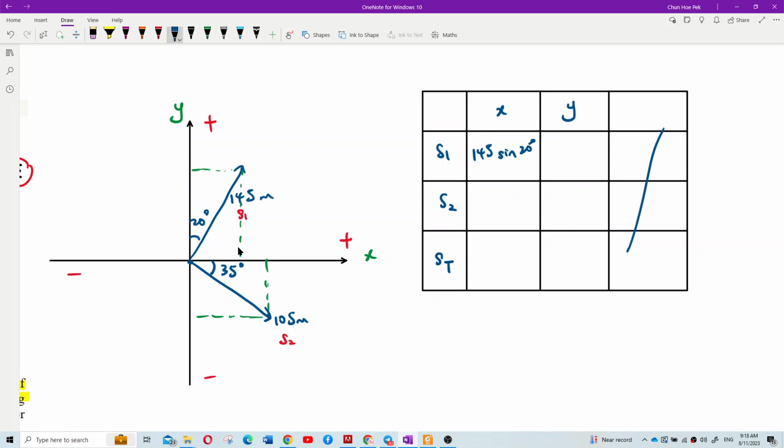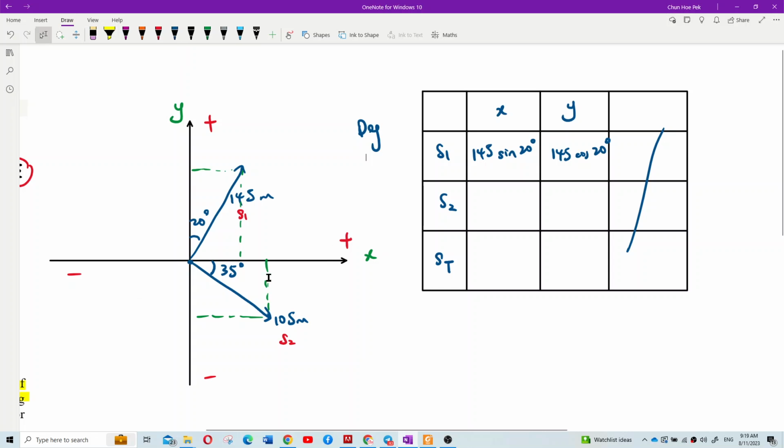And for the Y component, adjacent, so 145 cos 20. Make sure your calculator is in degrees, not radians.